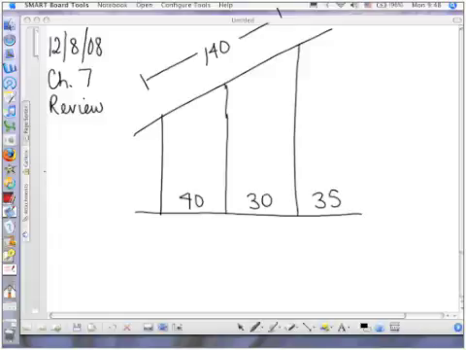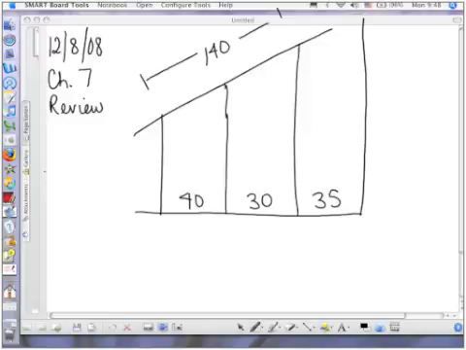Okay, the first thing we need to do is find a ratio. I want you to turn back to page 270 real quick and look at the corollary in the middle of the page. If 3 parallel lines intersect 2 transversals, they divide those transversals proportionally. So the first thing we're going to do is try to find a scale factor to the measures that we are dealing with here.